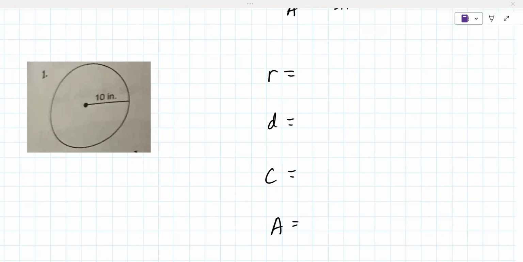And the radius is 10 inches, the diameter 20 inches, the circumference 52.8 inches, and the area 314 inches squared.